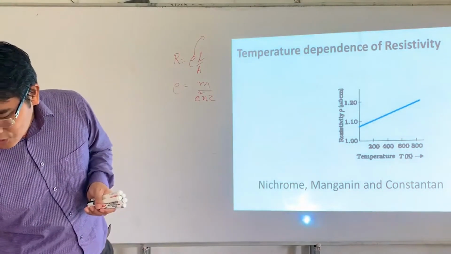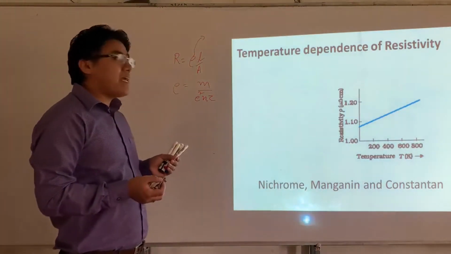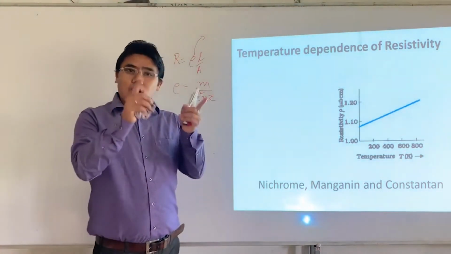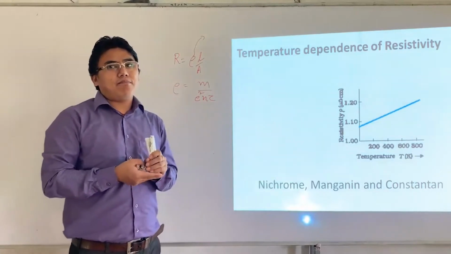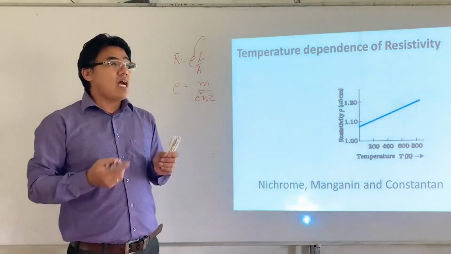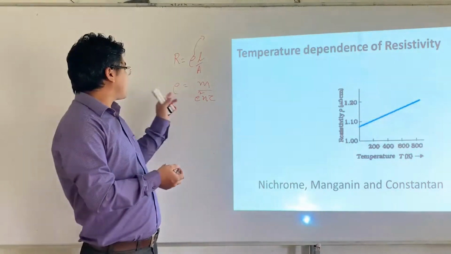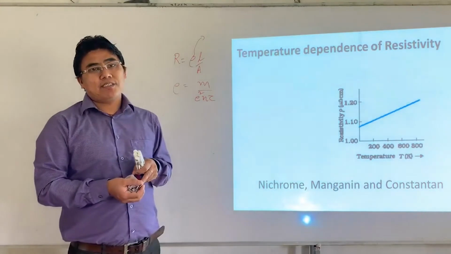And last class I told you that the resistivity remains the same for a particular material, as it is defined by the nature of the metal. However, it also depends on temperature.